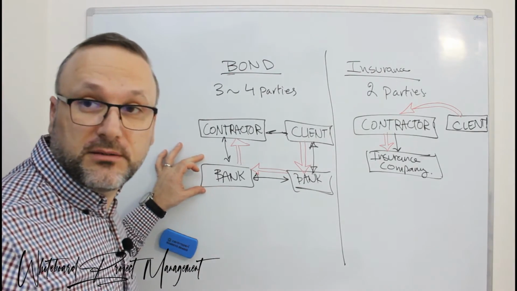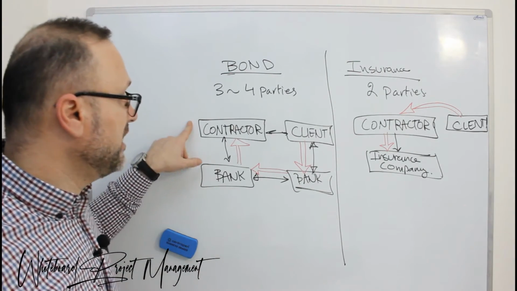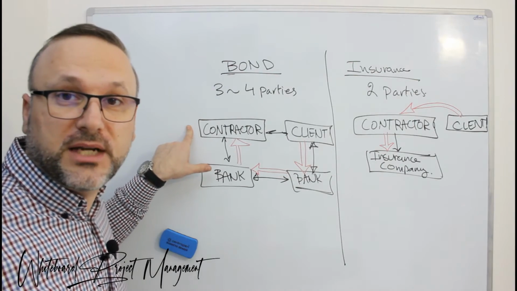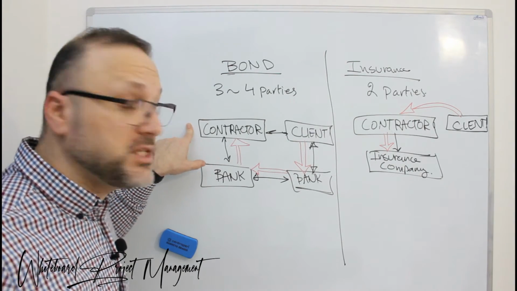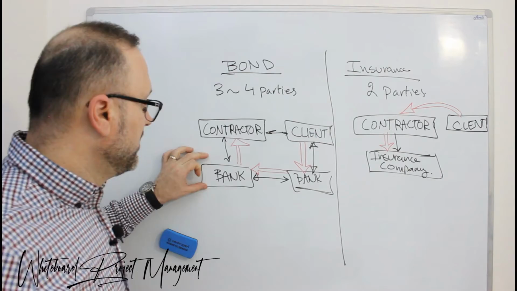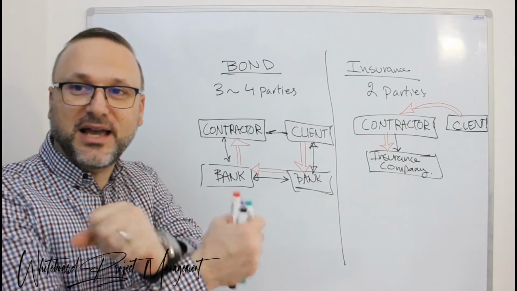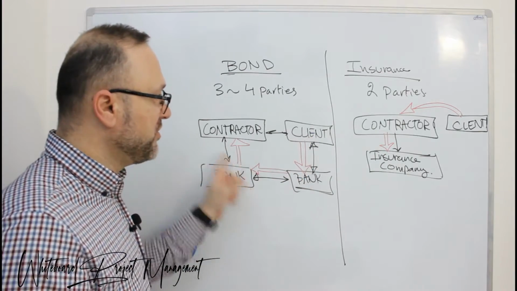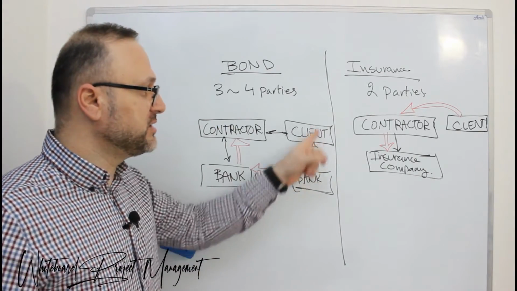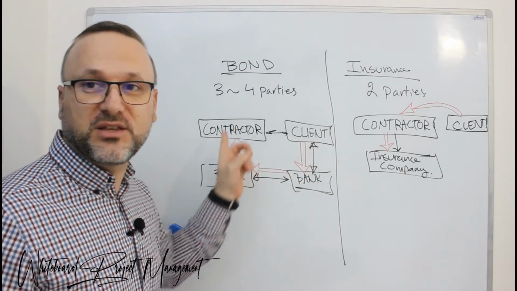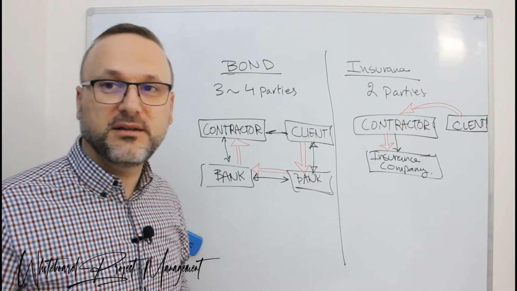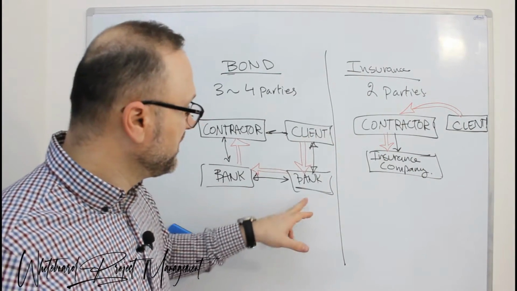The contractor's bank will send this claim to the contractor, and if the contractor doesn't respond properly, his bank could block him. So this is a tight way for both, and it's insurance for all parties that things will go at a very high level.